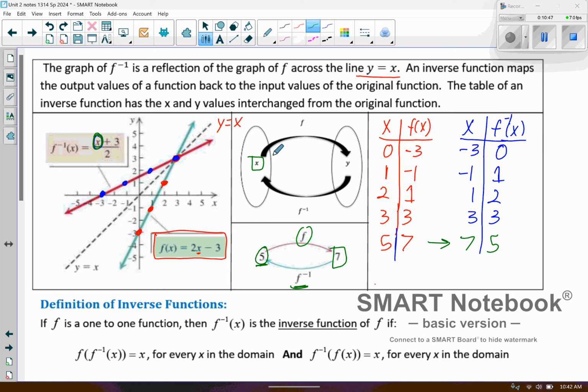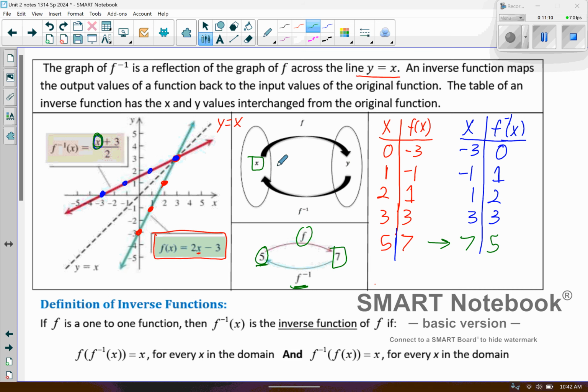So I plug in x and it gives me something in return. It actually won't be exactly y, it'll be something else, right? And whatever it gives me, I'm going to plug it into the inverse function, and it needs to map me back to the x value. And if that happens, then that proves that the two functions are inverses of each other.